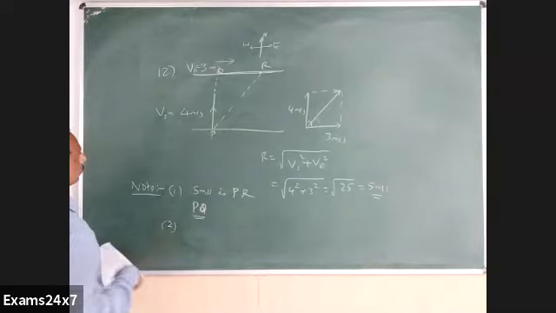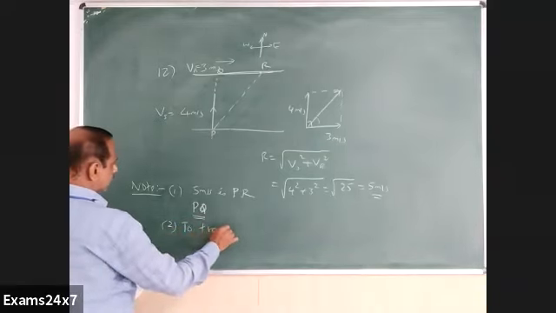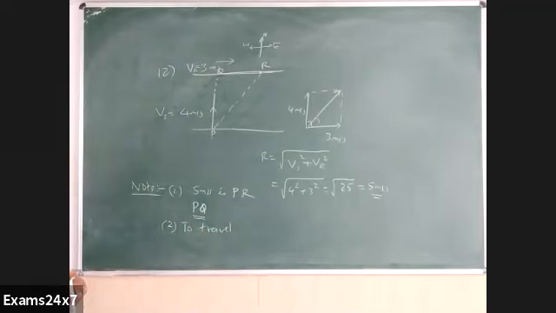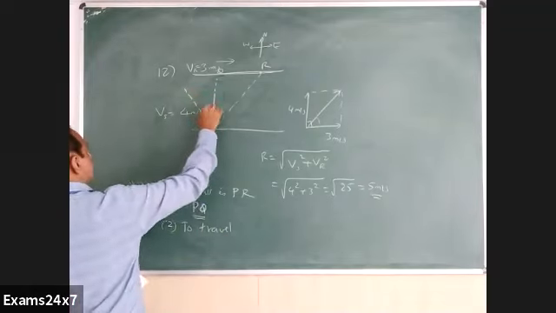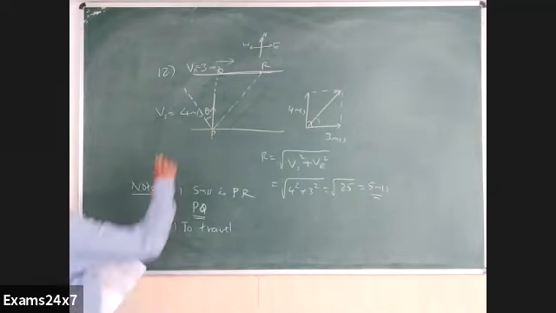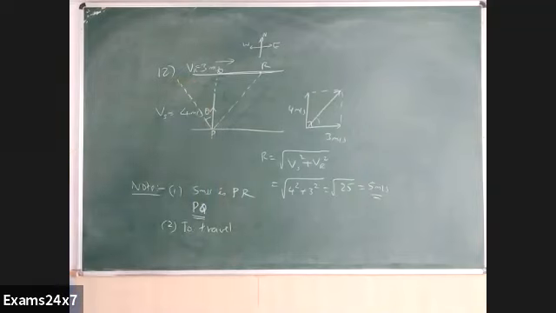Number two, to travel along the shortest path, PQ, he has to swim at an angle theta with the vertical. Underline that. Theta with the vertical.